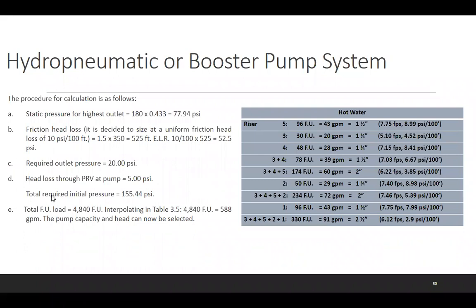So the total required initial pressure is 155.44. So 588 GPM yung pump capacity mo. Yung head mo, hanapin mo pa.